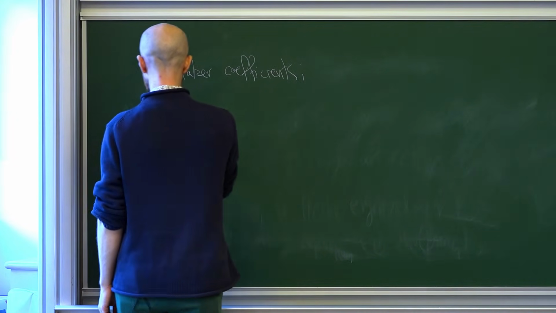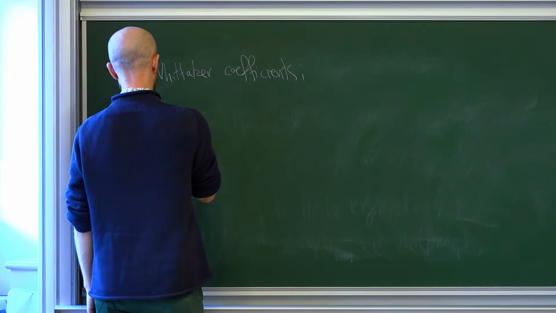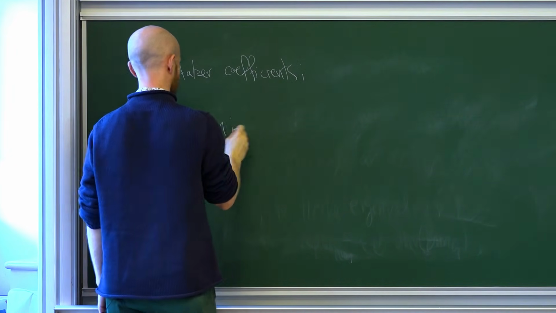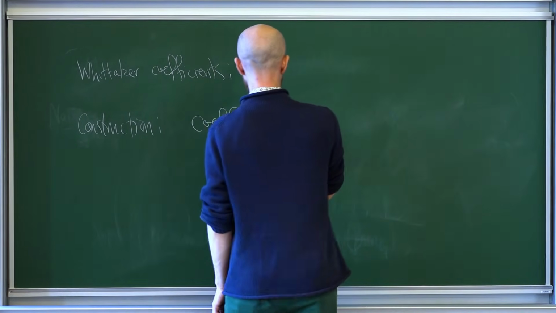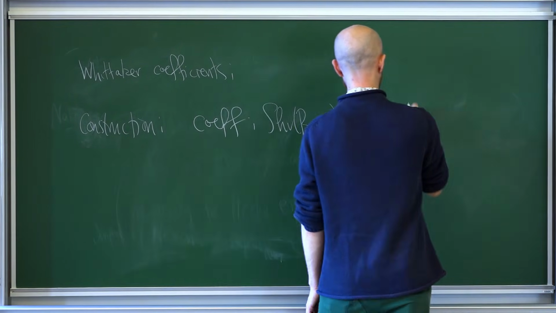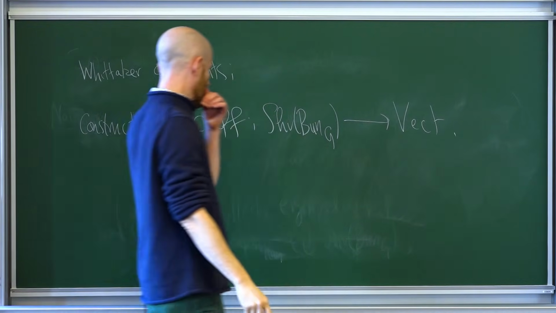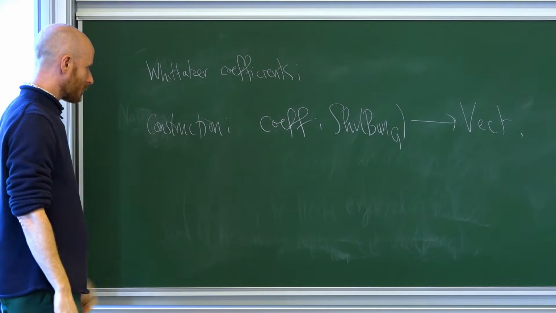Okay, so the statement is that there exists a construction of a certain functor, which I call coef, from sheaves on Bun G to the category of vector spaces.